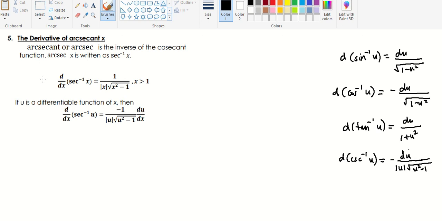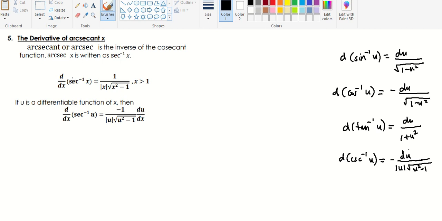Now let's have the derivative of arc secant x. So arc secant, or arc sec, is the inverse of the secant function. Arc secant x is written as sec raised to negative 1 x. Again, hindi po ito binabasa ng ganon. Ito po ay binabasa as arc secant x.